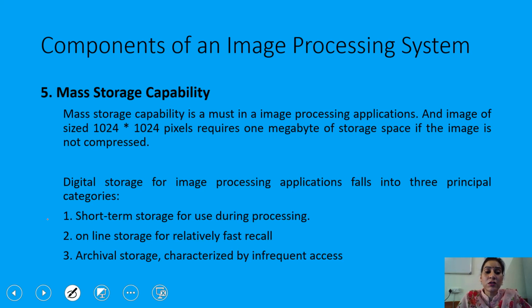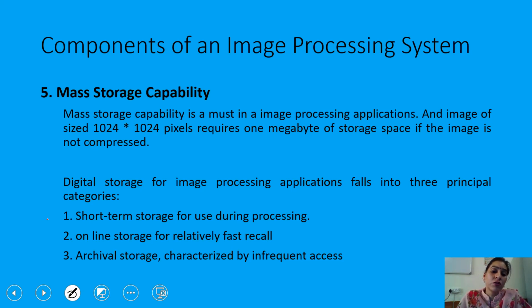Digital storage for image processing applications falls into three categories: short-term storage for use during processing, online storage for relatively fast recall, and archival storage characterized by infrequent accesses. These are the different types of storage which we can use according to the requirement.